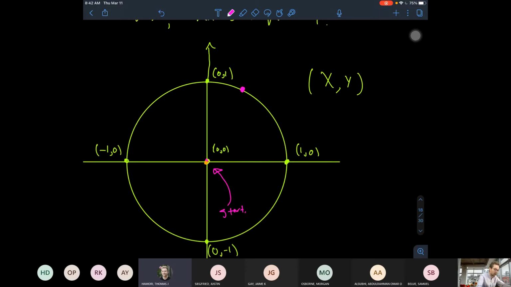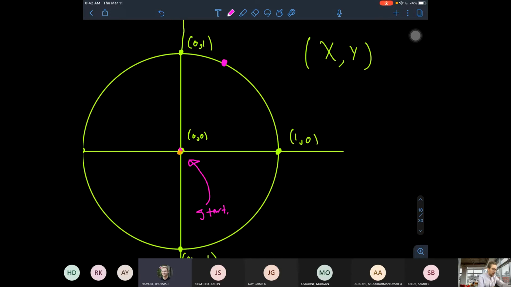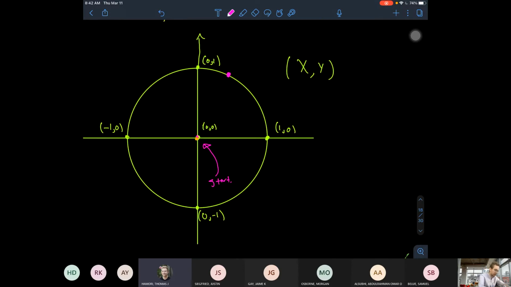I'm going to choose this random point here, but we could choose it over here or down in here or over here, really anywhere on the unit circle. Okay, and I ask my two best friends how to get from where I start to where I want to end.